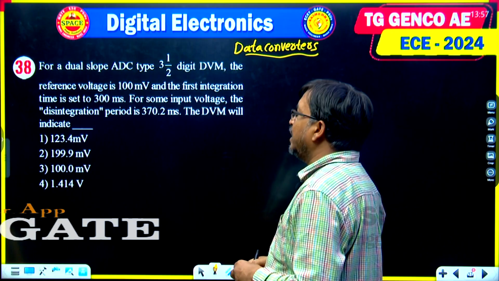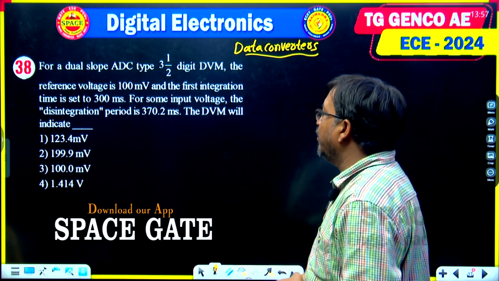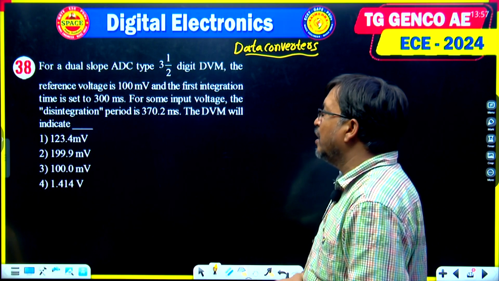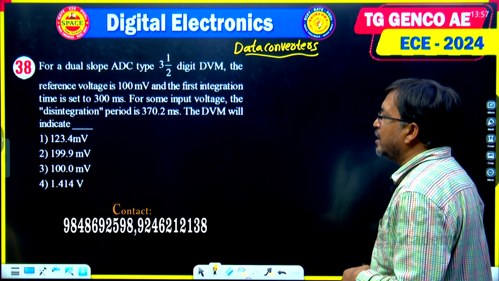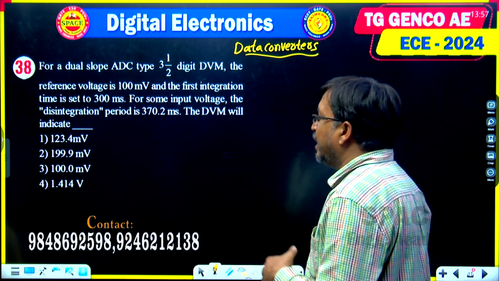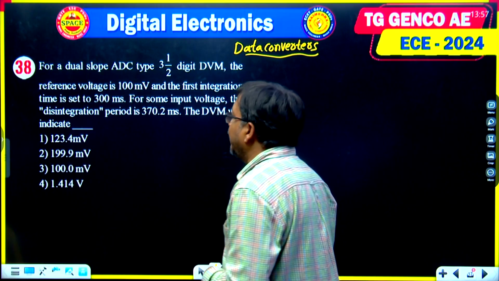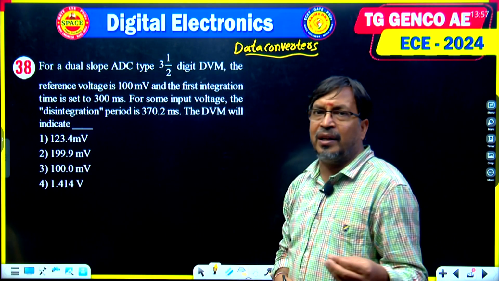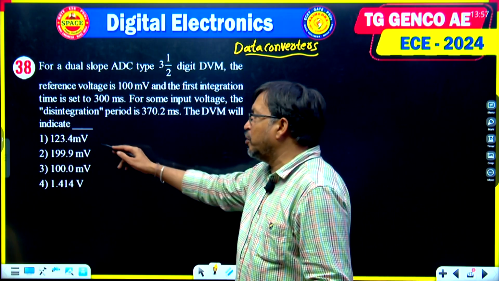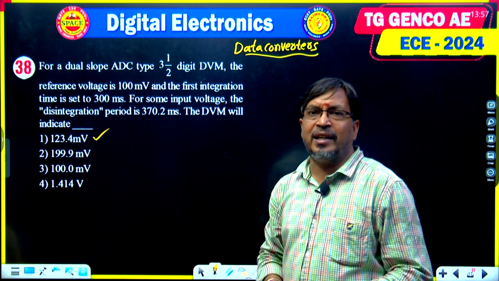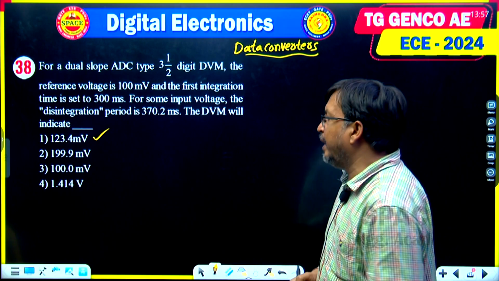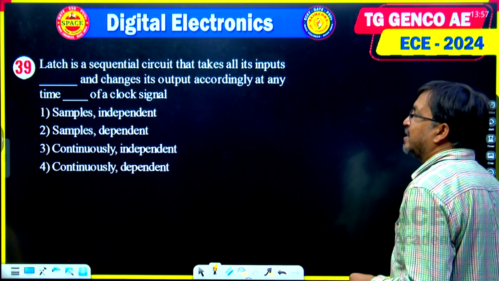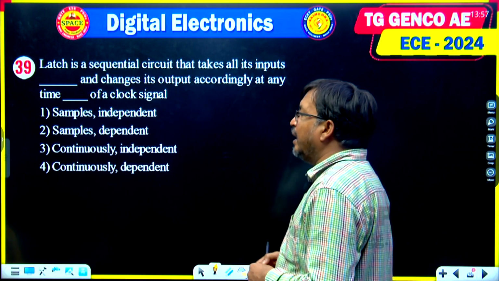The reference voltage is 100 millivolts and the first integration time is set to 300 milliseconds. For some input voltage, the de-integration period is 370.2 milliseconds. Then the digital voltmeter indicates, it is a standard bit. So many times we solve this type of question. Directly I am giving 123.4 millivolts.